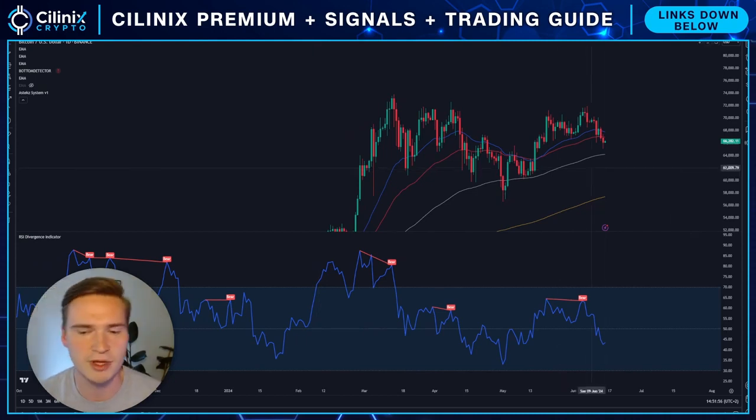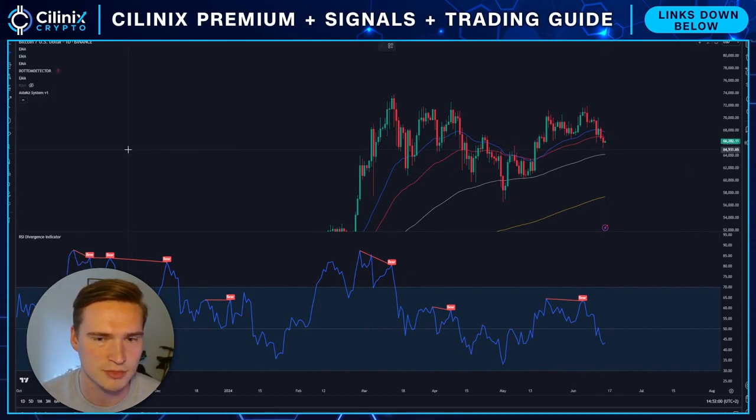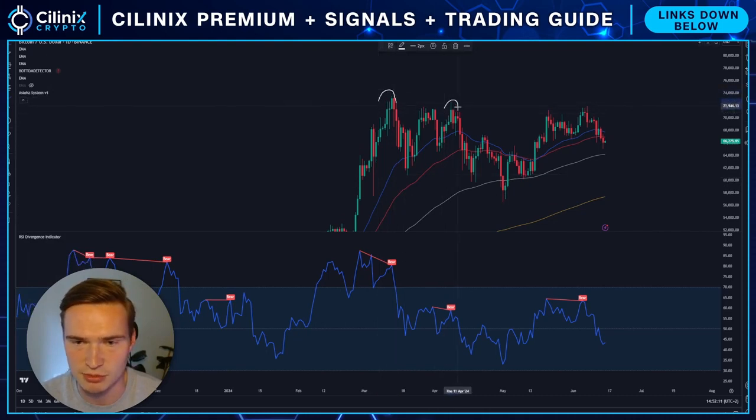So in theory, what a divergence is that the price goes one way, so either up or down, and the RSI goes another way. So for that you use tops or lows. So for example, you can see this is a top, this is a top, this is a top, this is a top, this is a top, this is a bottom, this is a bottom, this is a bottom, this is a bottom.